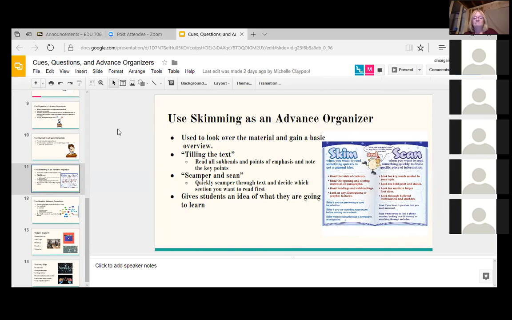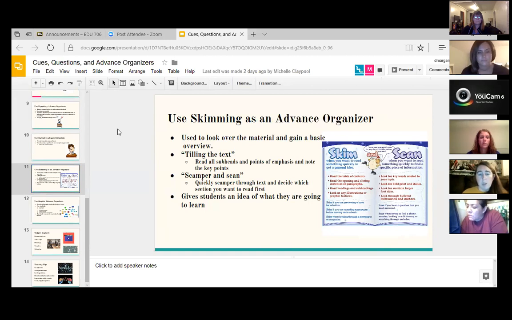And then there's the scamper and scan, which quickly, you go through the text and you figure out what you think is the most important thing, what's gonna keep your attention. It gives the students an idea of what they're going to learn. So you can assign a chapter and you can say, hey, just skim the text, and that way we'll all know what we're talking about on Monday or something like that.